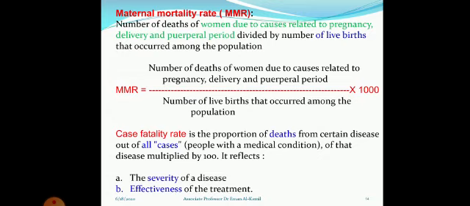Sometimes the same individuals with the same disease are admitted to different hospitals or treated by different health centers or clinics, but the outcome is different. So it reflects the effectiveness of the treatment.